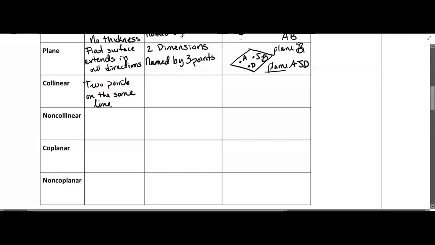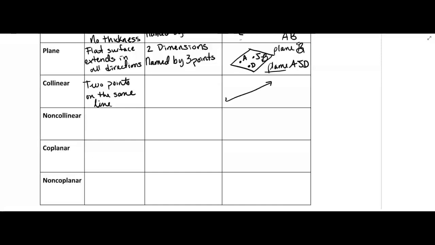We'll see this in class, but typically we're talking about a particular line. So for instance, I could have a line here, and A and B are collinear. Any 2 points are collinear.